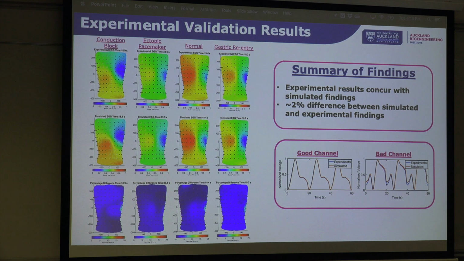And you can see on the bad channel why that kind of happens. The system was unable to capture those low dips in the simulations. And so this is, of course, an experimental setup, and we attributed this to experimental error rather than an error in the simulation.